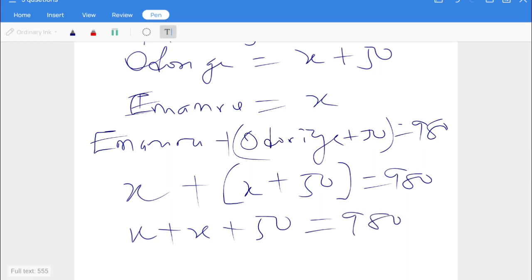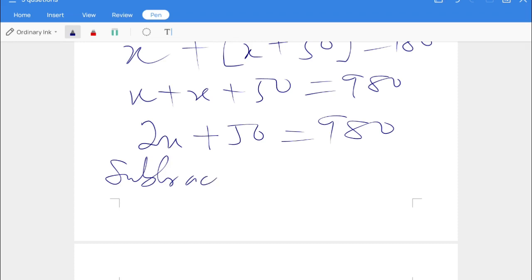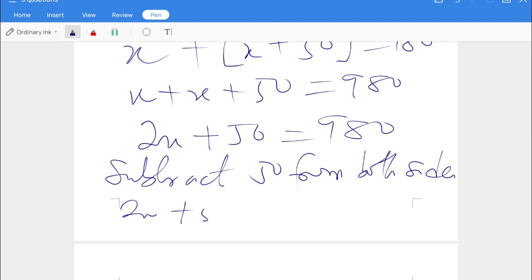At this point, x plus x, that will be 2x. 2x plus 50 equals 980. You can collect the like terms. I will just subtract 50 from both sides: 2x plus 50 minus 50 equals 980 minus 50. So this 50 cancels this one.